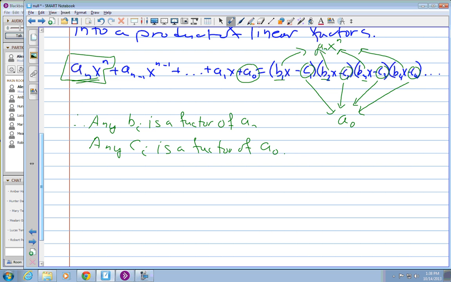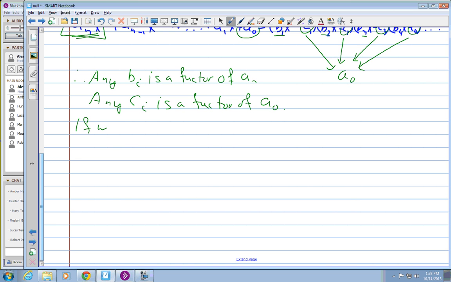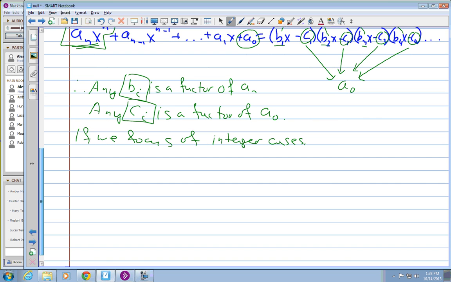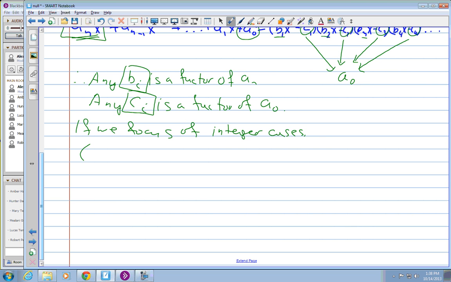Now, if we focus on the cases where b sub i's and c sub i's are integers, we just look at those cases, then if you set one of those factors to 0, and again, don't write this down, I'm just talking crazy here, and I warned you that I'll be talking crazy a lot through this section.